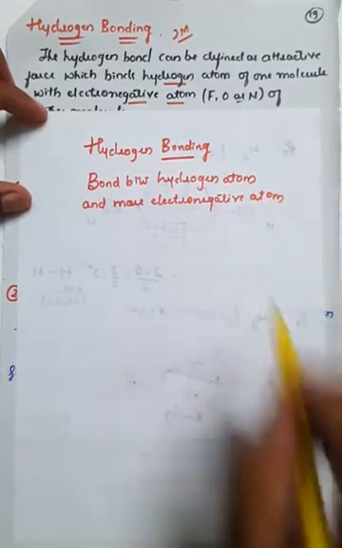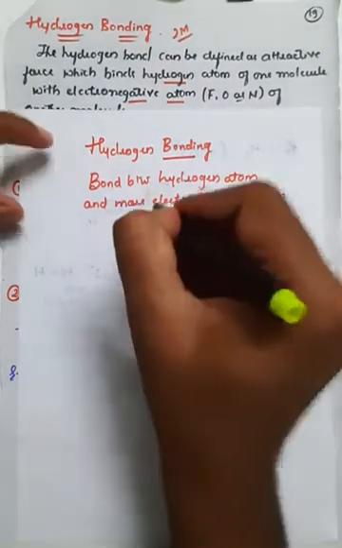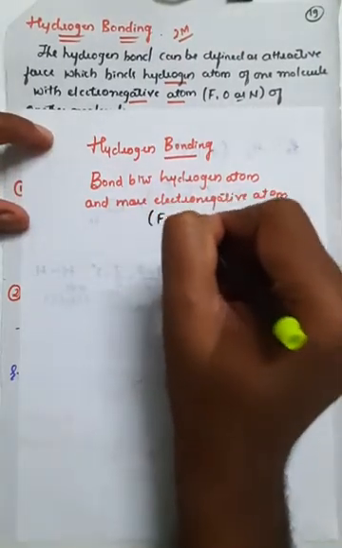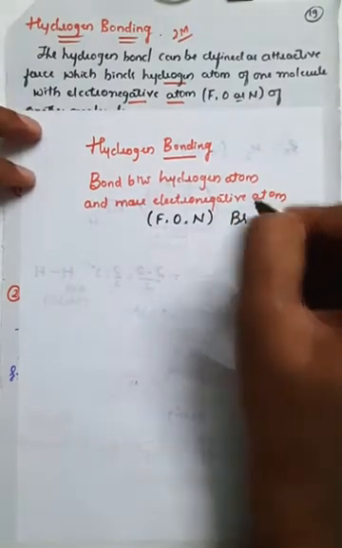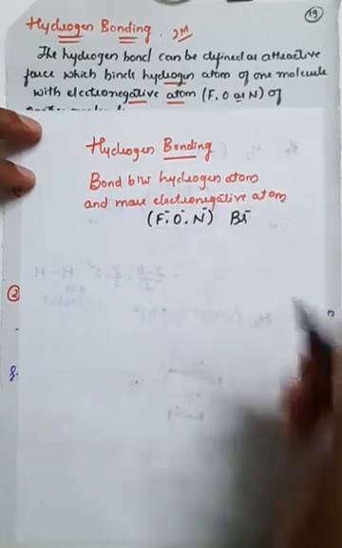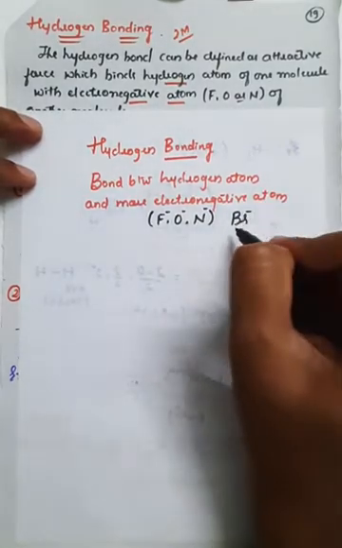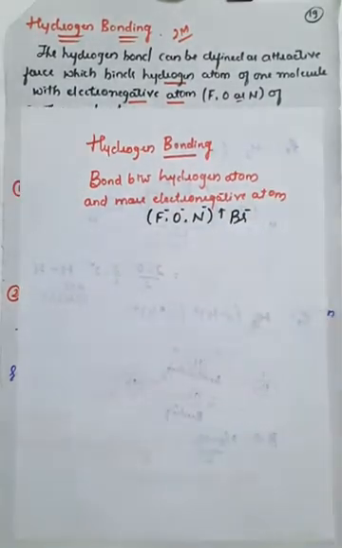Right? So more electronegative, it may be fluorine, oxygen or nitrogen. Fluorine, oxygen, nitrogen. Right? Similarly you can take bromine also. Generally these are all considered as the electronegative atoms.